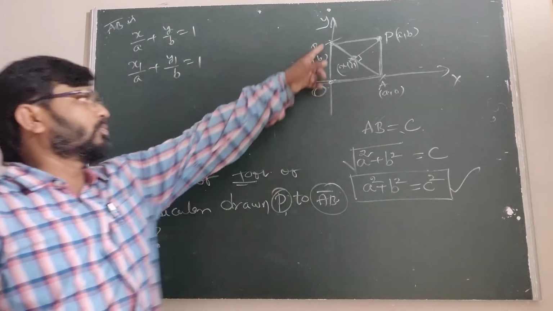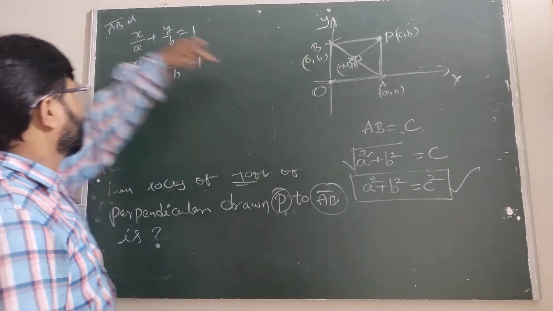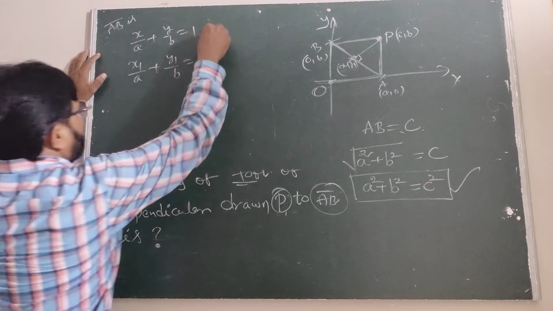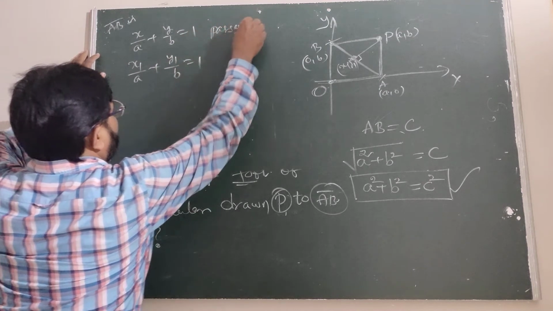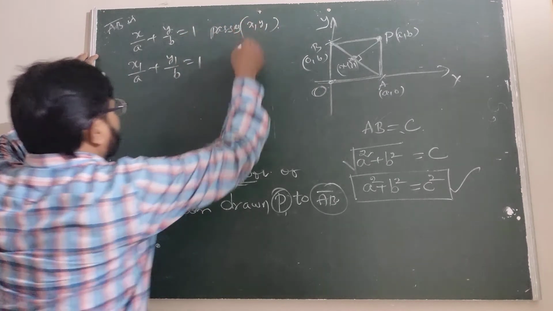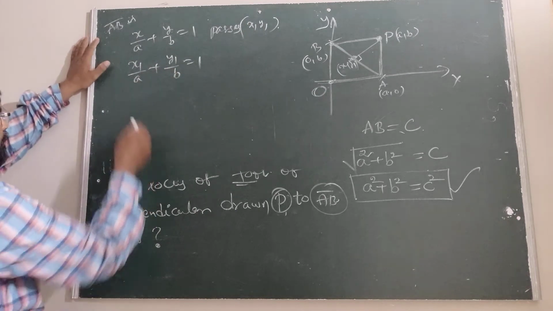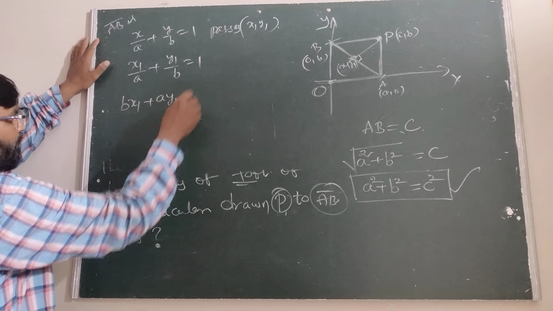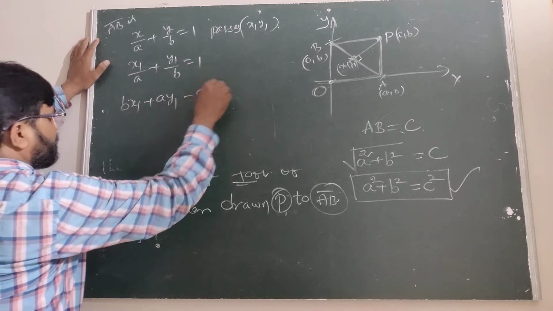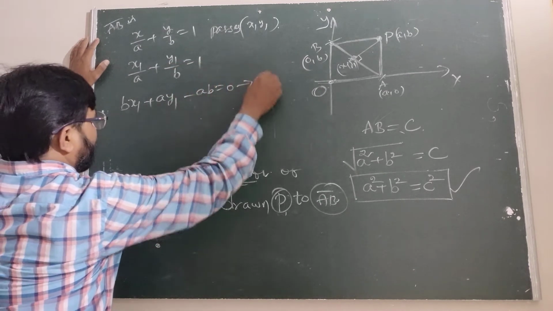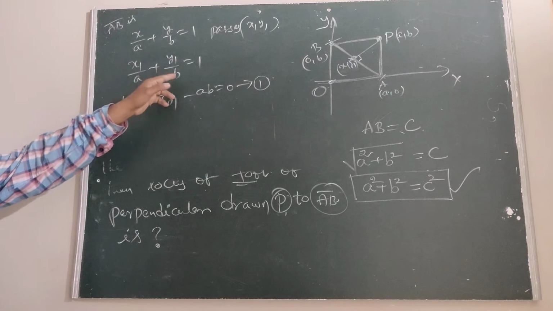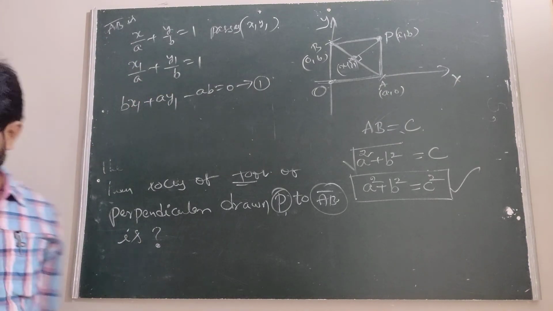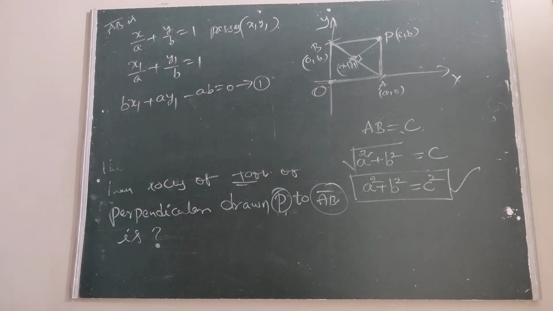Therefore x is replaced by x1, y is replaced by y1, since it passes through the point (x1, y1). After we take the LCM, bx1 plus ay1 equal to ab. Call that equation 1.